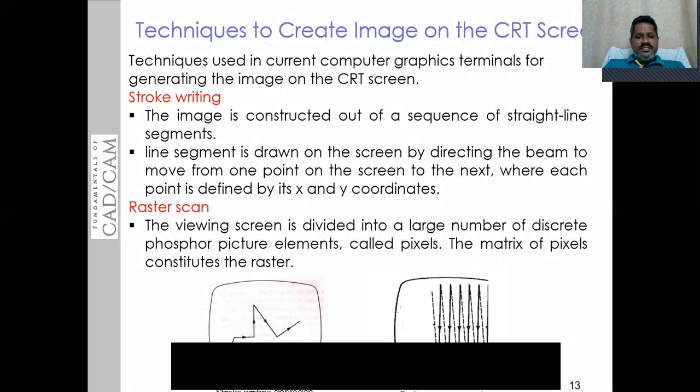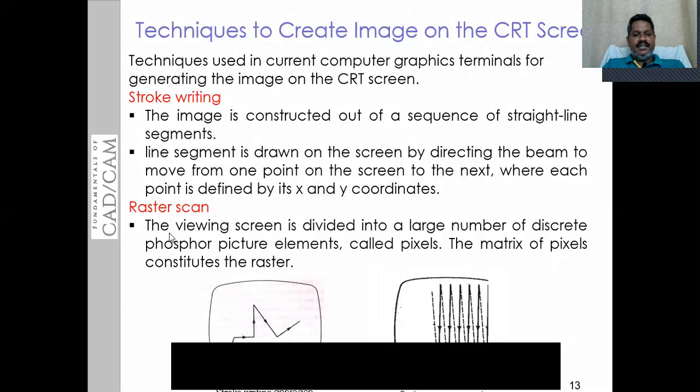To draw circular or curved lines on the screen, we approximate these lines as short length lines. Stroke writing is one of the concepts, just like drawing a line with a pencil from one point to another point. This is one concept.